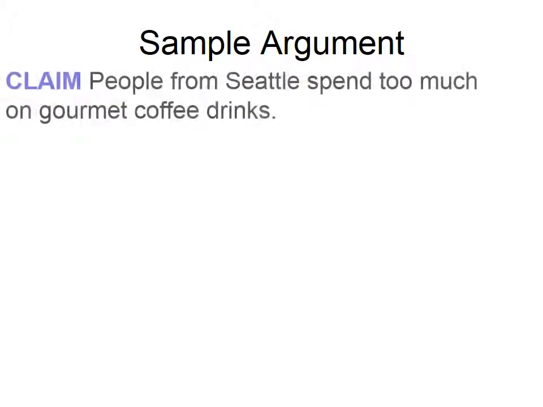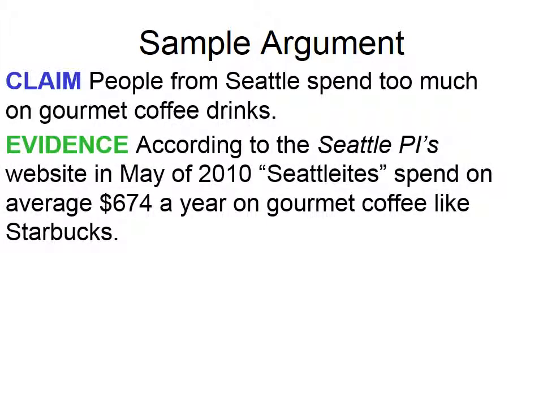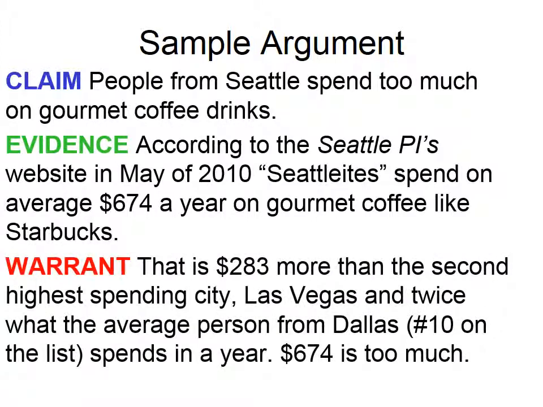We need a sample putting all three of these together. We've seen false confessions and we've talked about SeaWorld, but here's something that's really important. Coffee. Here's a claim. People from Seattle spend too much on gourmet coffee drinks. According to the Seattle PI's website on May of 2010, Seattleites spend on average $674 a year on gourmet coffee like Starbucks.